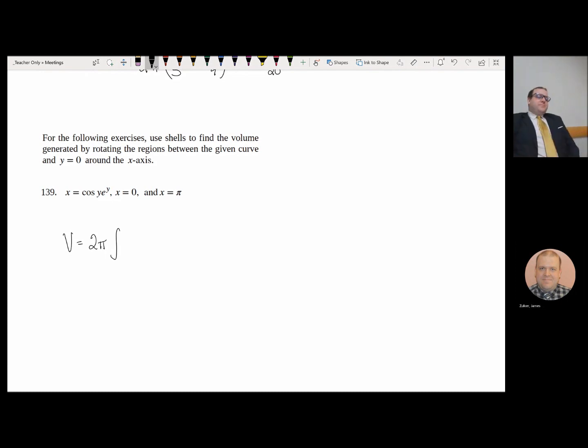So it'd be 2 pi times integral. We want limits of integration. What are the limits of integration going to be?